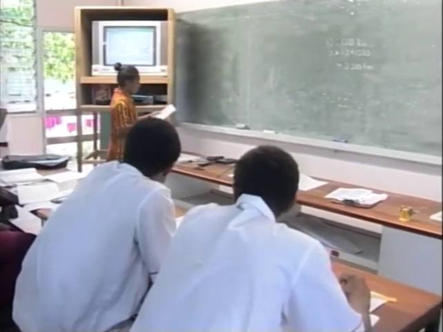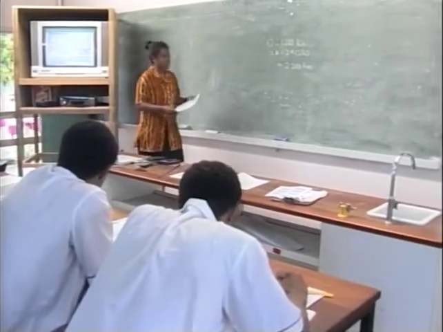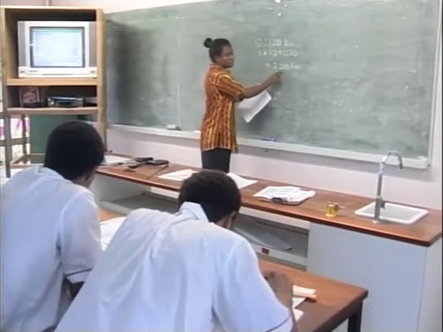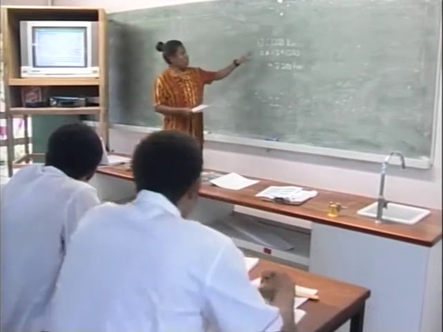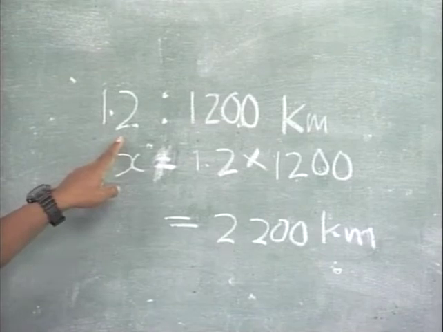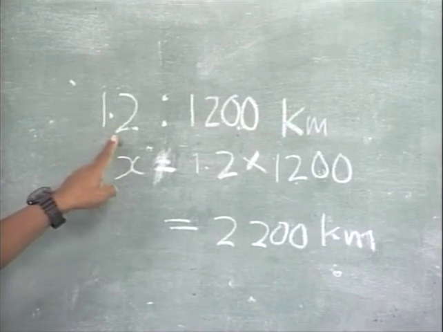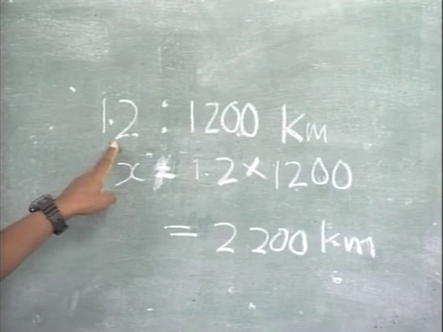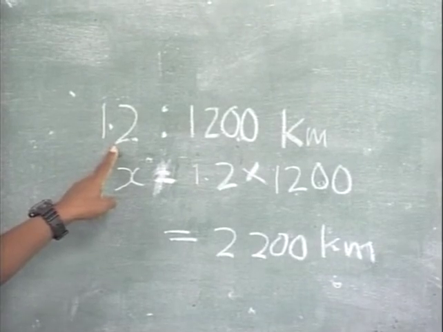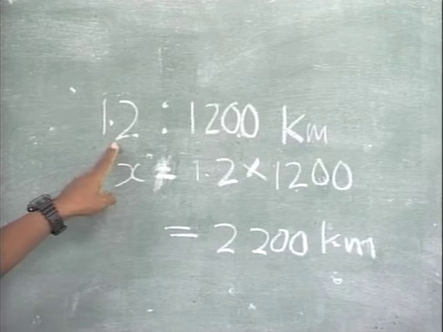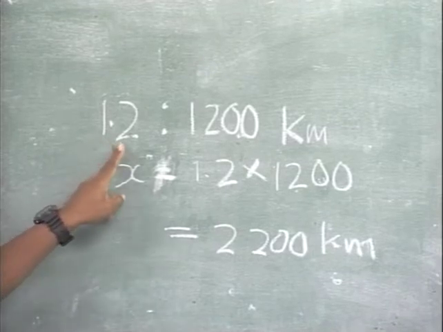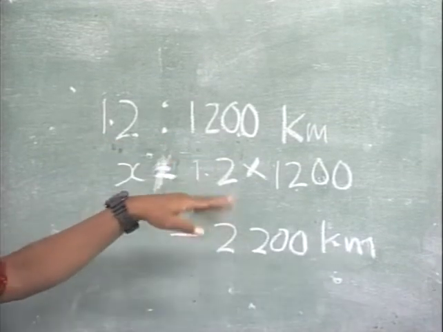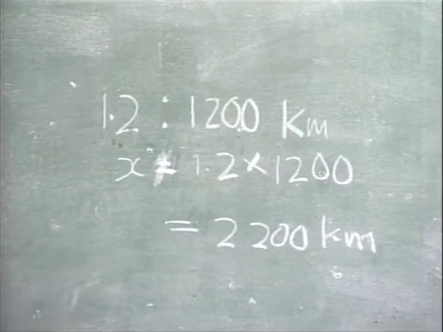Okay, thank you, Patrick. We'll check on what he's got here, and let's check if most of you have got the same answer. First of all, that 1.2 is coming from the scale, according to Patrick. Is that right, Patrick? 1.2 from the scale? Okay, so Patrick is telling us that 1.2, according to the line scale, is equivalent to 1,200 kilometers.